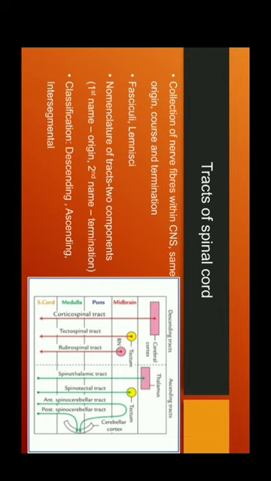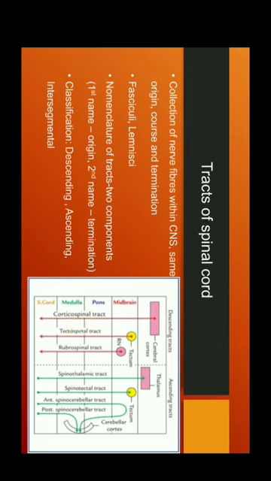Okay, now let us see further how they are classified. These tracts are classified as descending tracts, ascending tracts and intersegmental tracts. Descending tracts are those which descend from the cerebral cortex down towards the spinal cord.